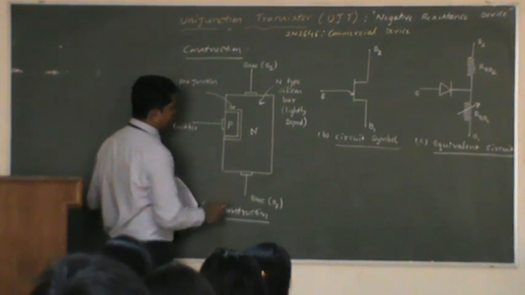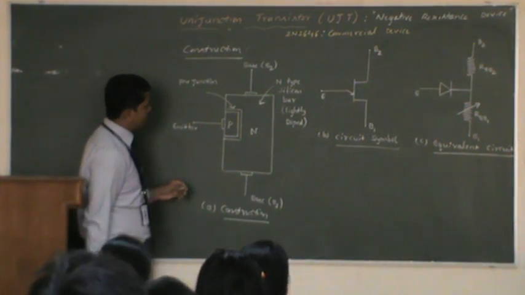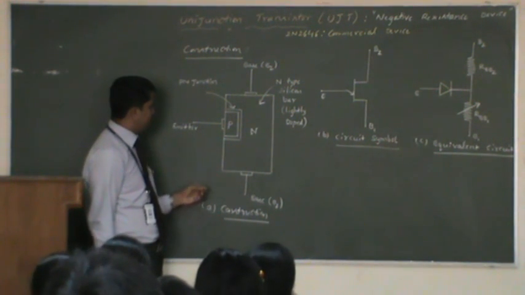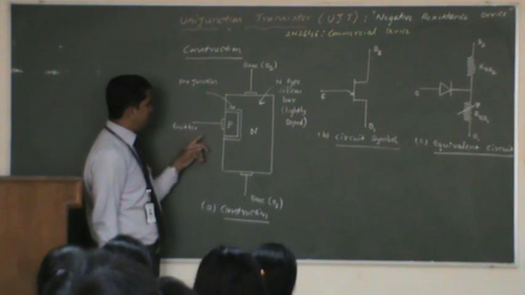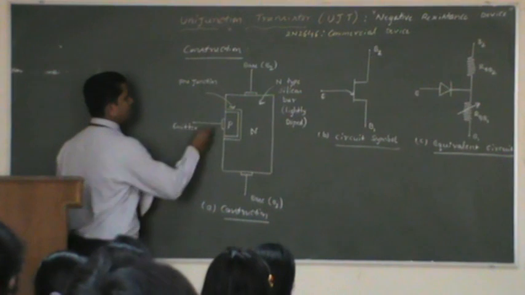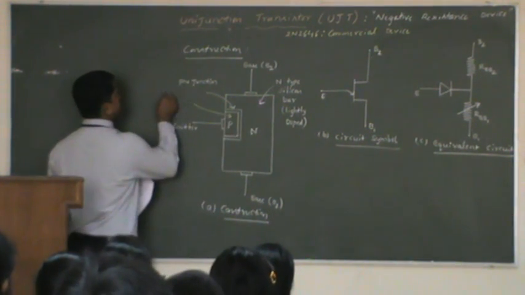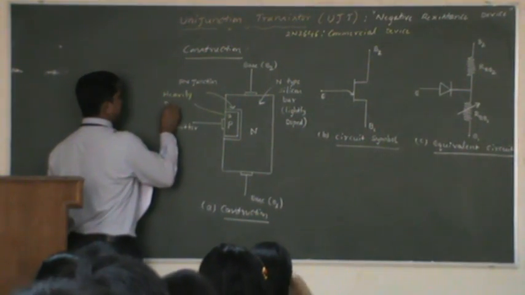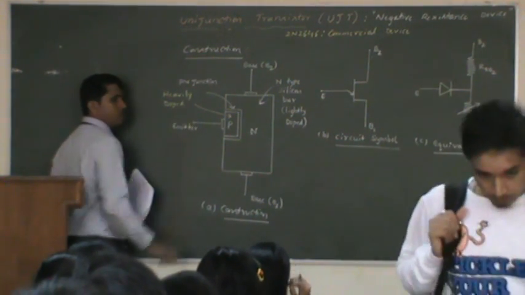This is the construction diagram of the unijunction transistor, which you can see here. In the construction diagram, there is the emitter terminal which is attached to the P-type, which is heavily doped.